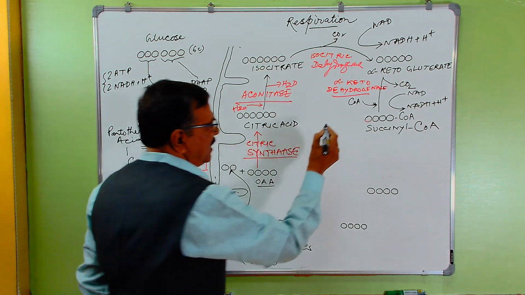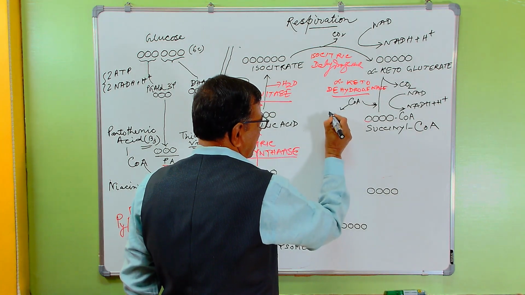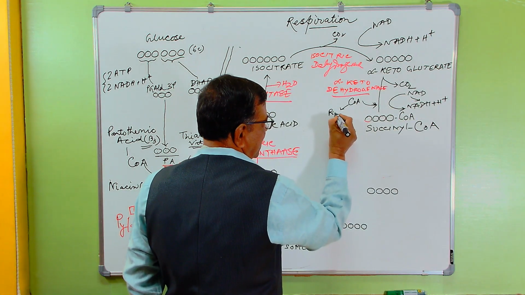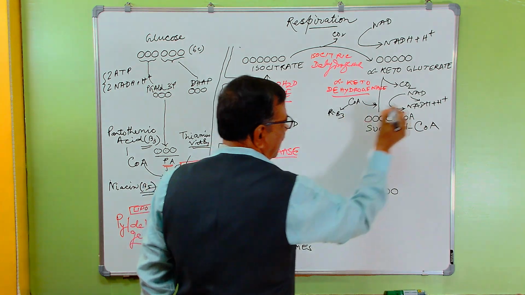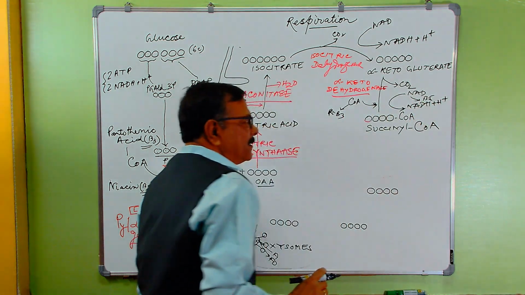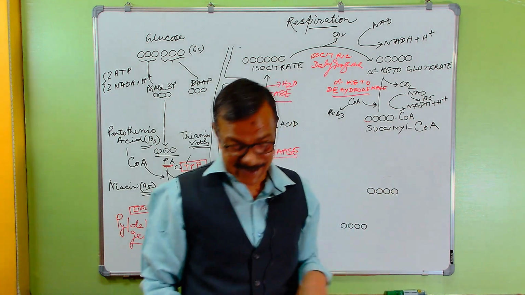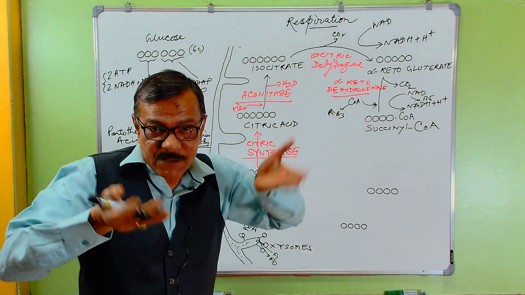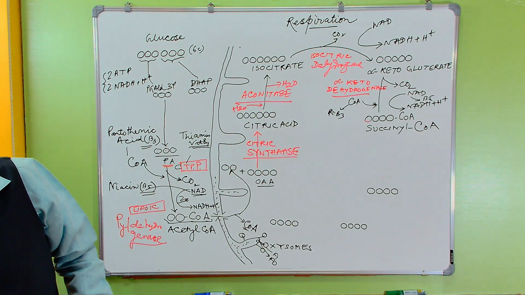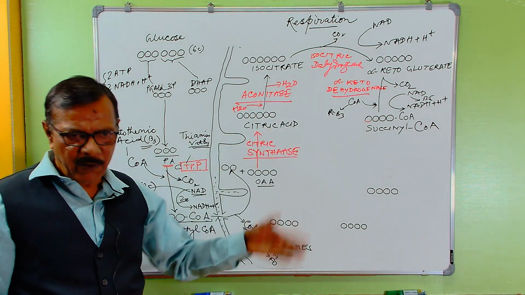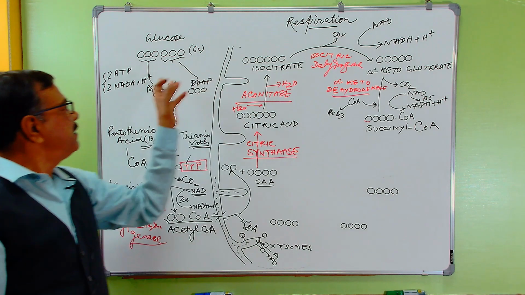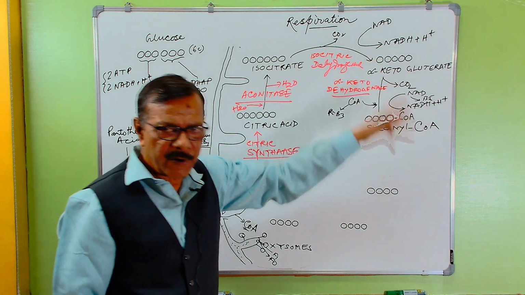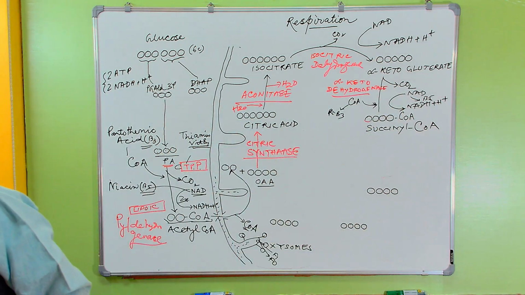Here you also see this is vitamin niacin, vitamin B3, and this is pantothenic acid, vitamin B5. So some vitamins are required within the mitochondrial cycle. Doctors give vitamins to patients to increase mitochondrial respiration, so this cycle can go and produce more and more energy, ATP currency, directly or indirectly. Now no ATP has so far been produced.